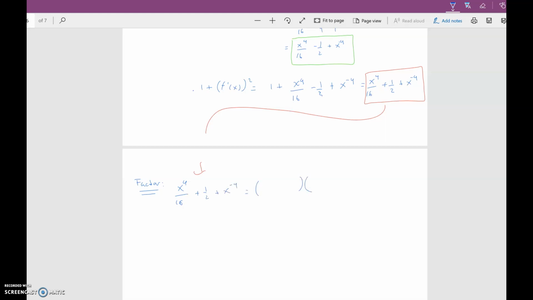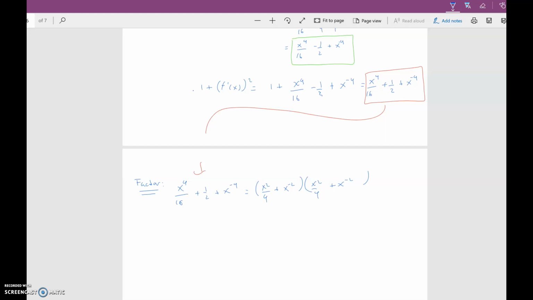It's going to be equal to, and we're looking at the factors, an x squared and an x squared, and then technically a 4 at the bottom. And since we have a plus on both of those, that would be a plus x to the negative 2 and plus x to the negative 2.